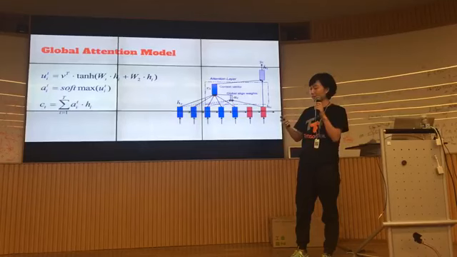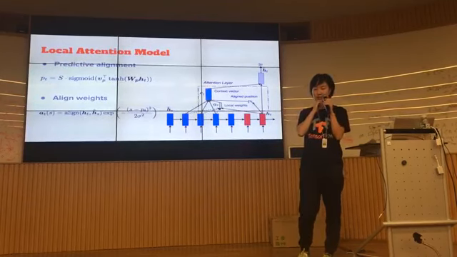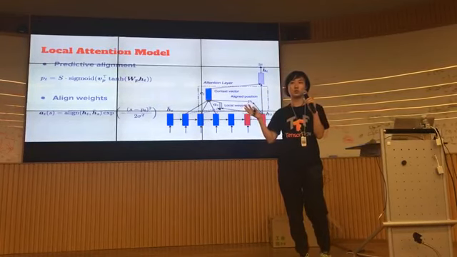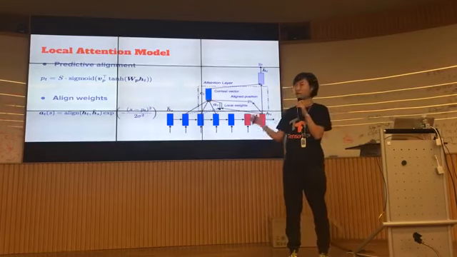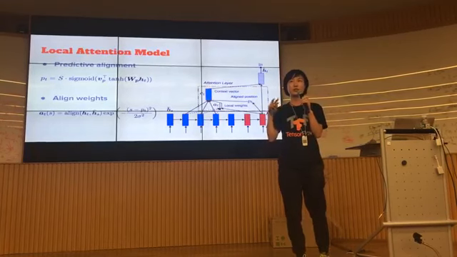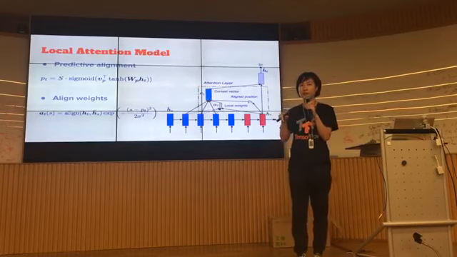In local attention, we just consider a small part of the source hidden states, not the whole source sentence. The most important thing for local attention is how to find which part to focus on. There are two steps.